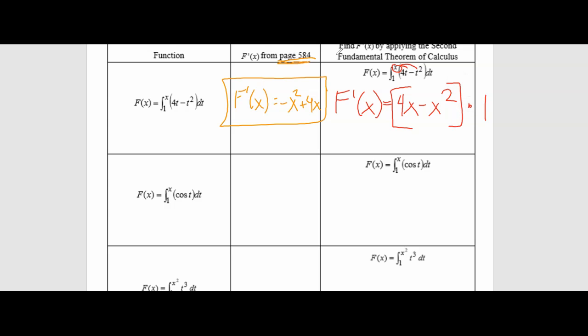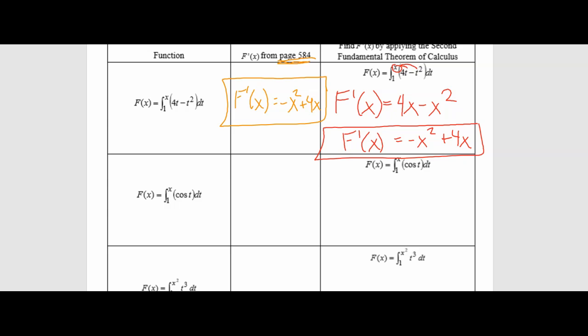So we multiply by 1, but that's not going to change anything, right? So it's going to be left the same. And I could, of course, rewrite this in a different order if I wanted to. Negative x squared plus 4x. So much easier than going through the process of finding the antiderivative, substituting in those limits of integration, and then taking the derivative of our answer.